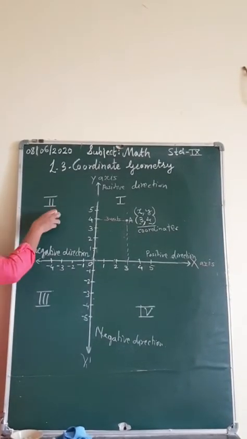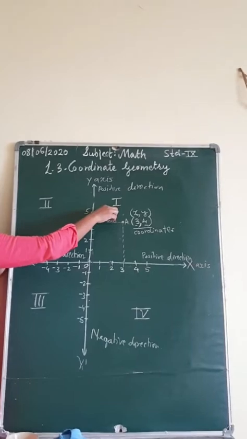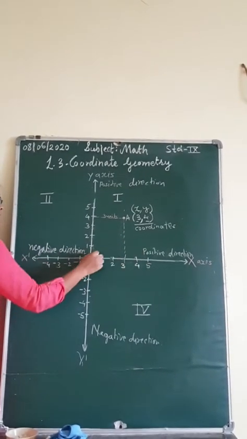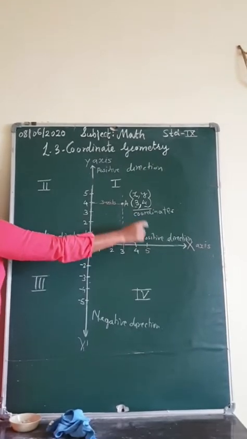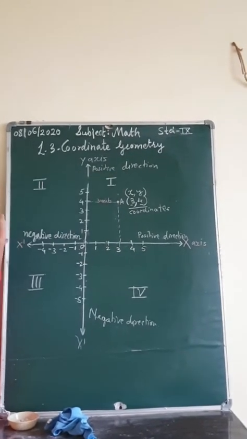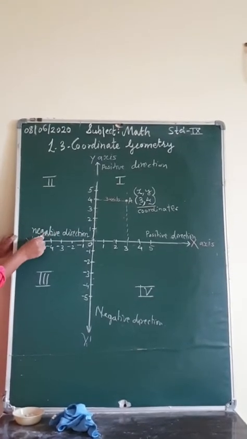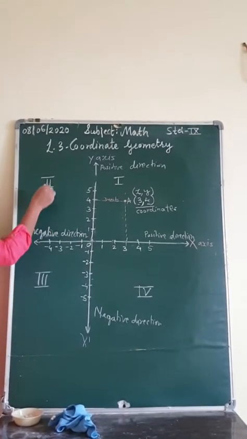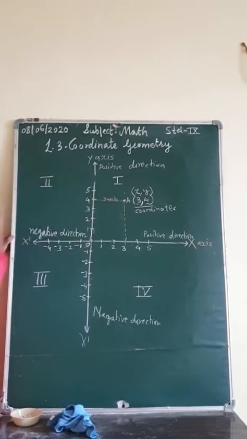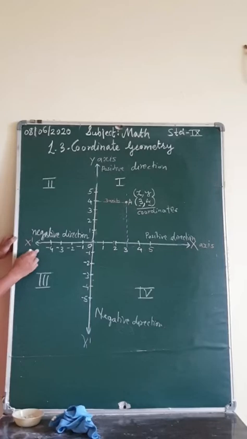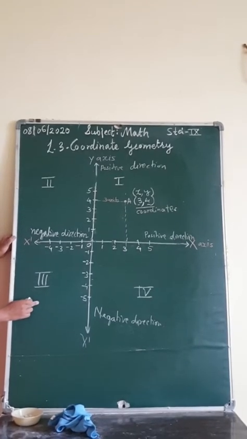Now what we will see is that in the first part the x-axis has positive direction and the y-axis also has positive direction. In the second part, the x-axis has negative direction and the y-axis has positive direction. In the third part, both x-axis and y-axis are in negative direction.